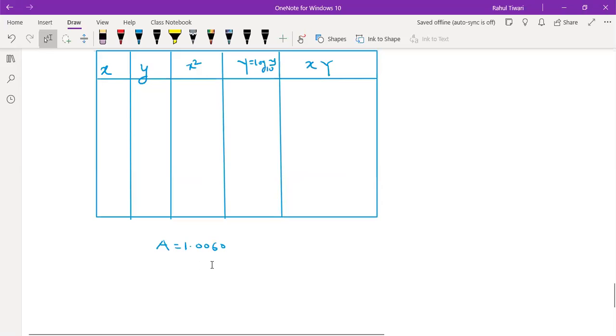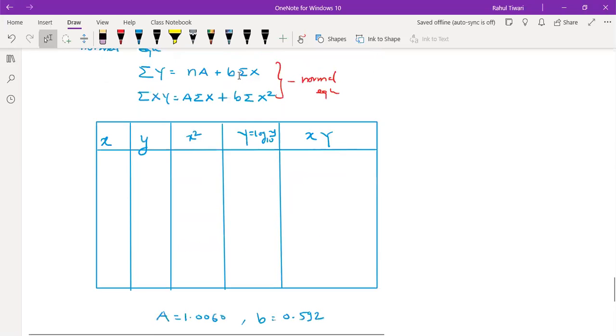So you will get a, and b should be 0.592. Please check this. After substituting these values in this equation, you need to solve those equations and you will get the value of capital A and small b.